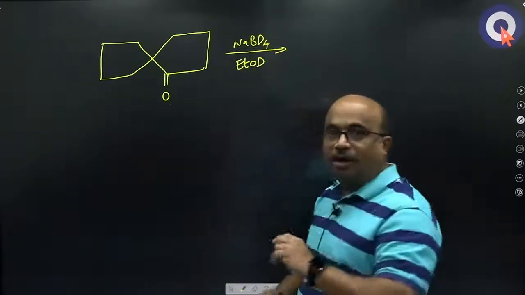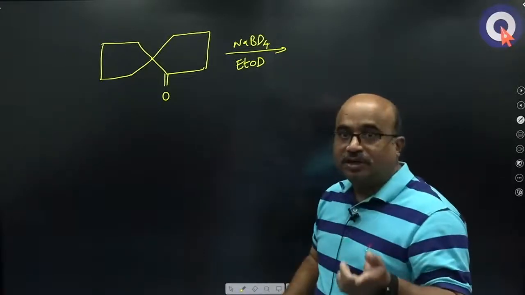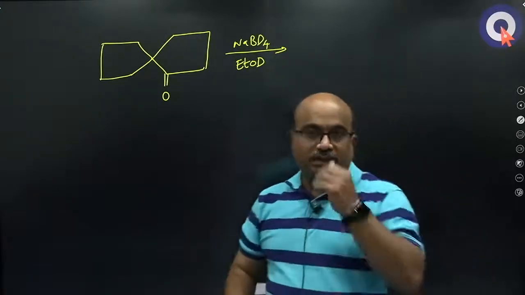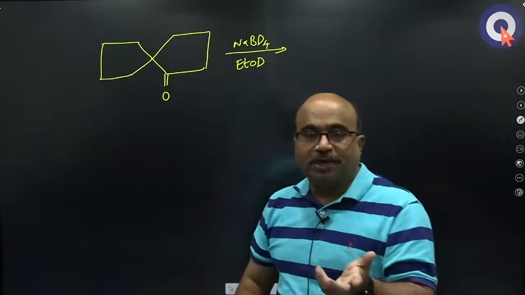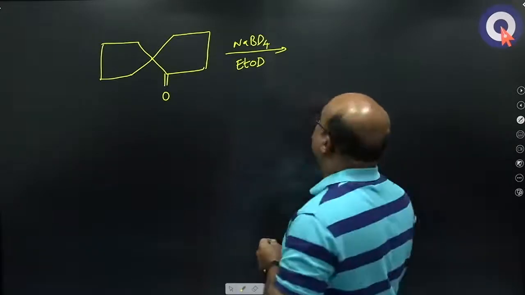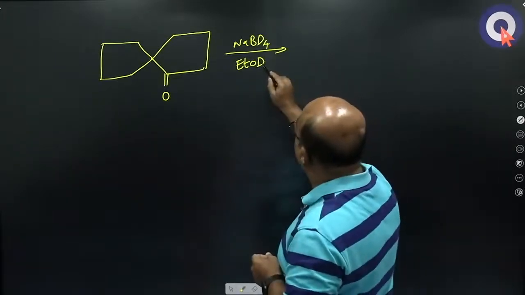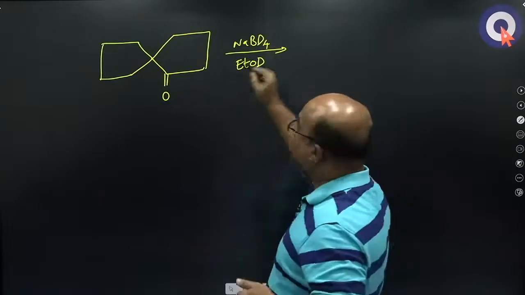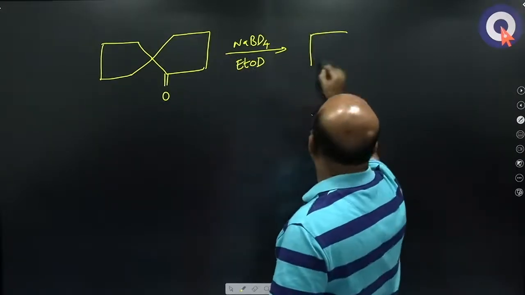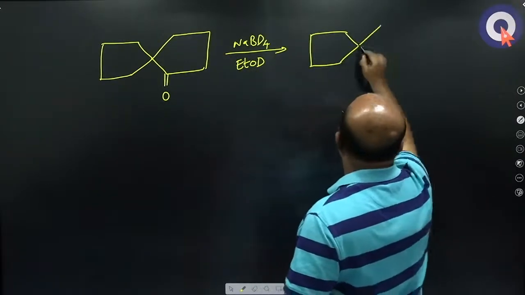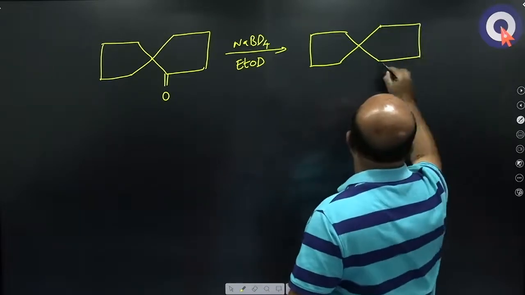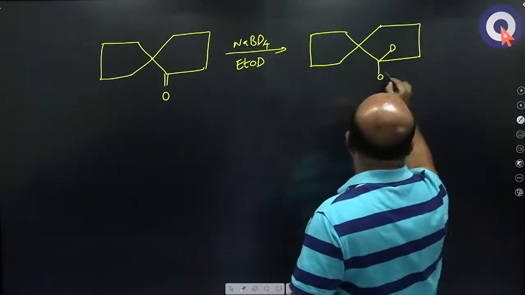First sodium borohydride gives deuterium, then EtOD is the isotopic ethanol, which gives D plus. So this will convert in this way. So D will add, and OH or OD, sorry.